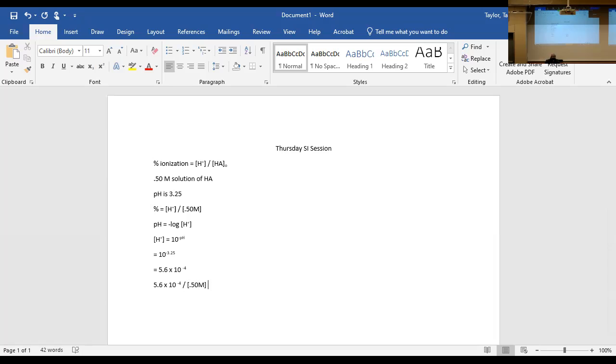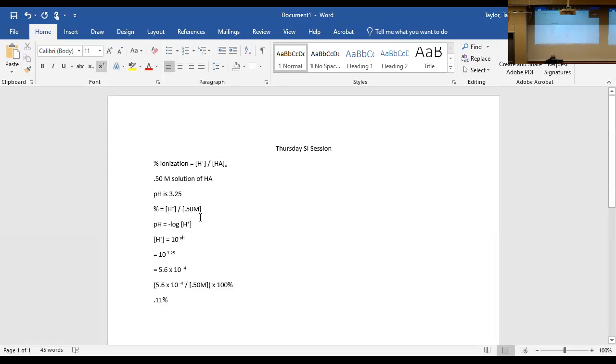Since you're trying to find the percent ionization, after you do all of that, in parentheses, you multiply it by 100%. When you do the inside of the parentheses, you get 0.0011, which then multiplied by 100% is equal to 0.11%.